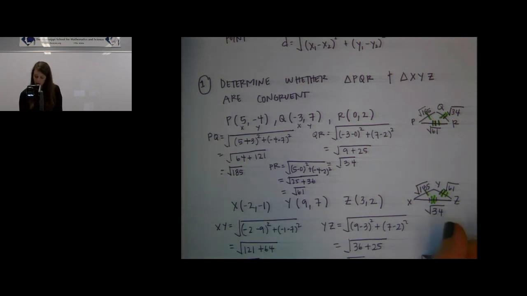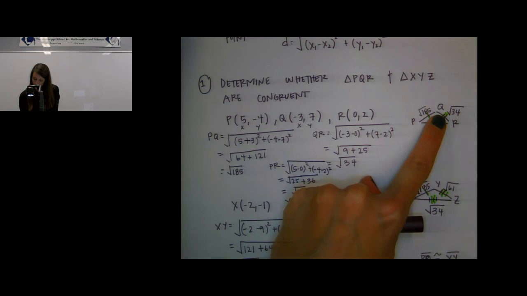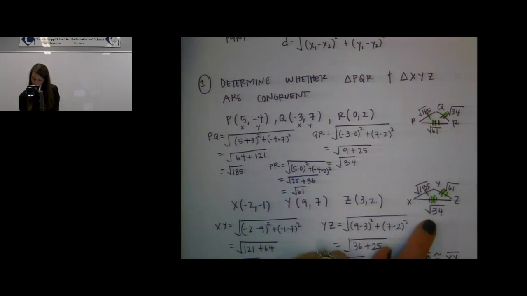So PQ is going to be congruent to XY. QR is going to be congruent to XZ.